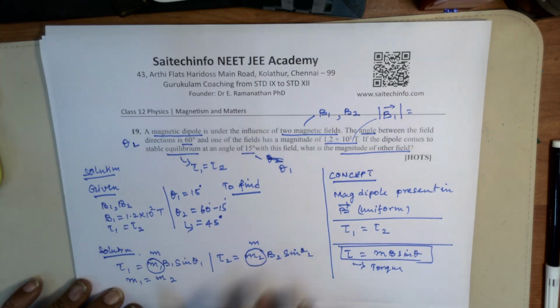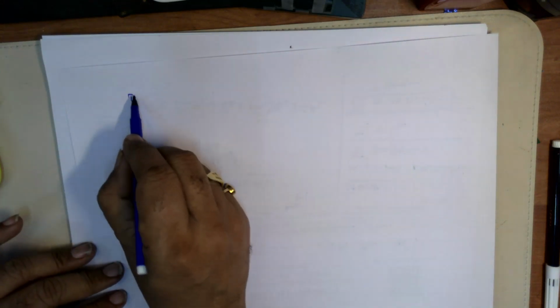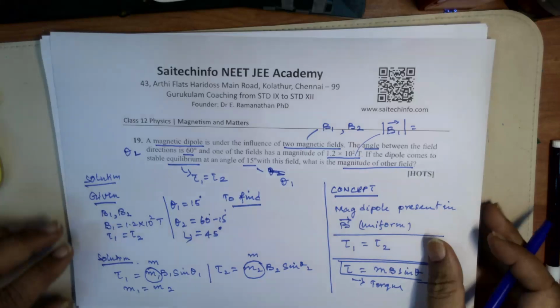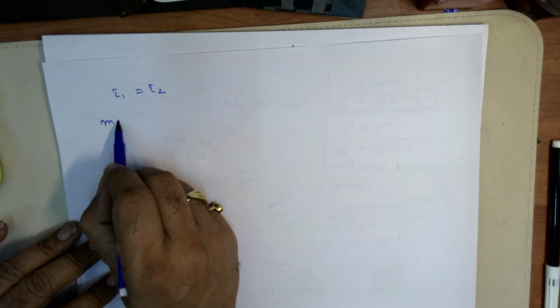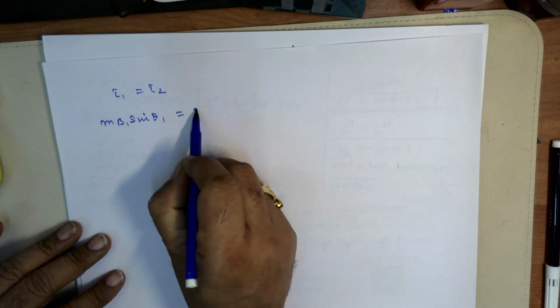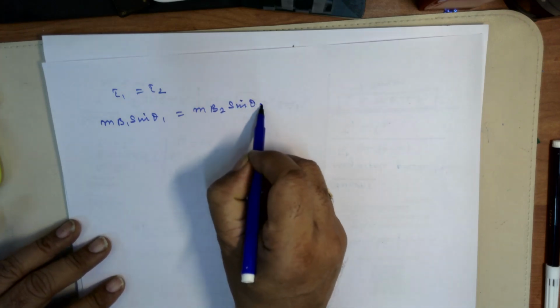Now we can substitute in this equation. From this, the other field can be easily determined. Now we have this equation, tau 1 is equal to tau 2. And what is this tau 1? The tau 1 is M B1 sine theta 1, which is equal to M B2 sine theta 2.